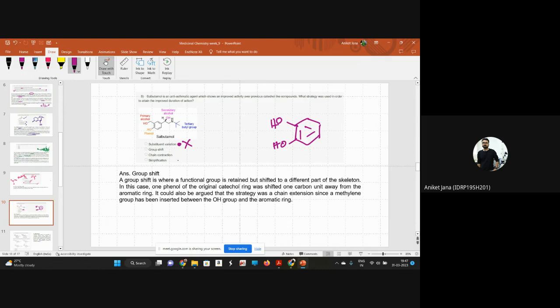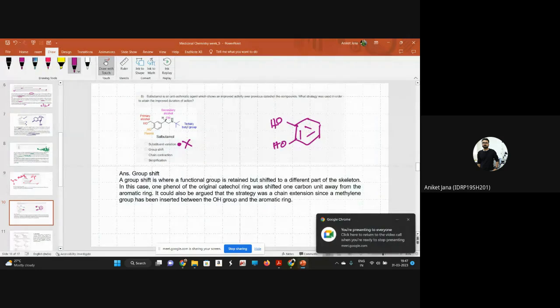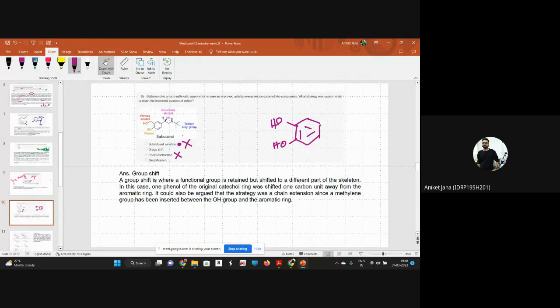Is this a chain contraction reaction taking place? No, this is not chain contraction. Here, no chain contraction is taking place.